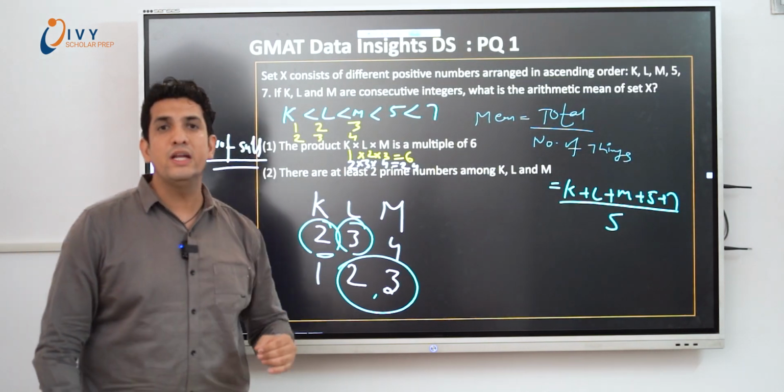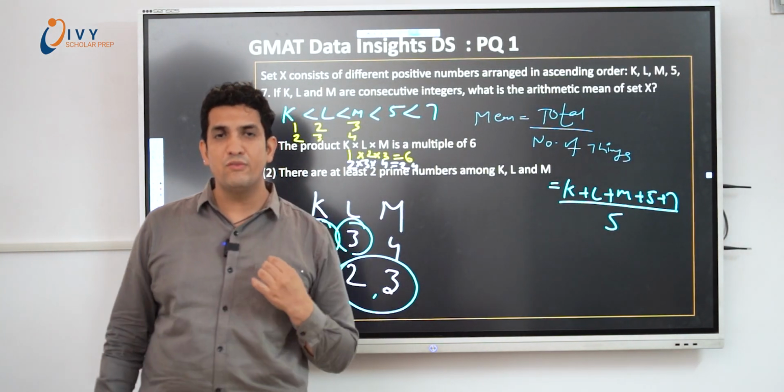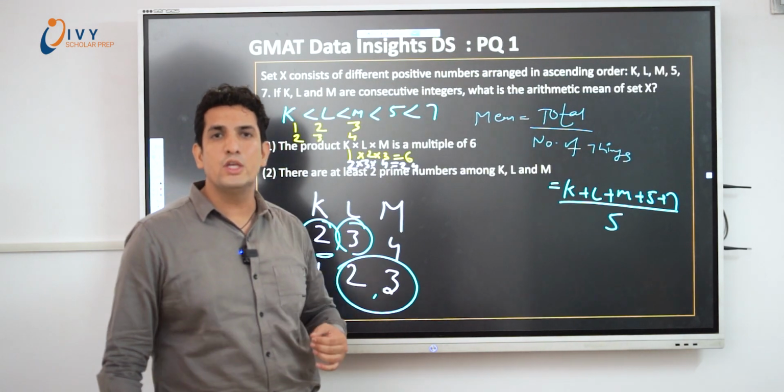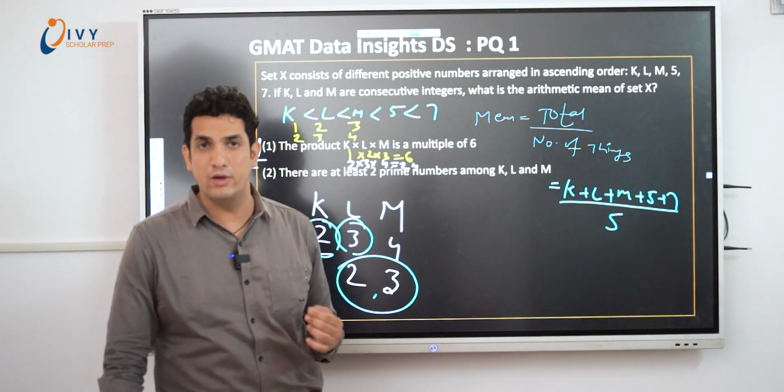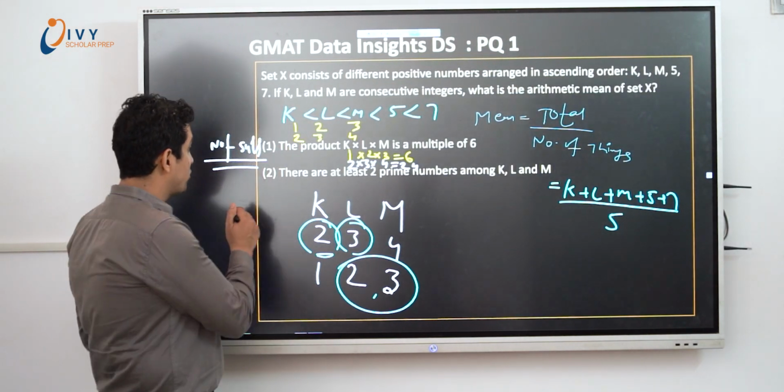Whereas when we are solving a data sufficiency problem, the objective is to always have a unique, exactly one numerical value. So statement 2 is also not sufficient.